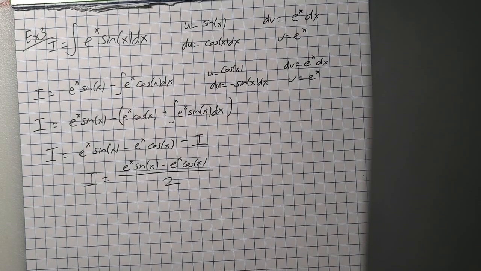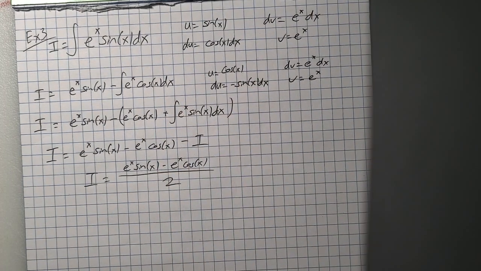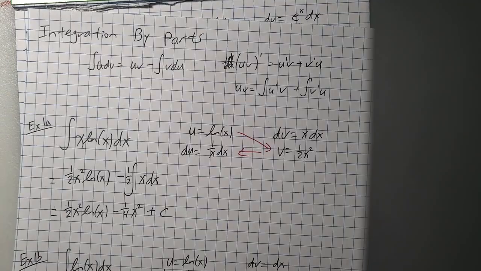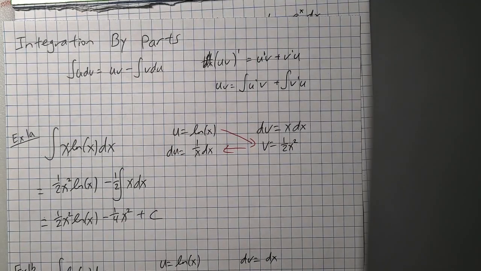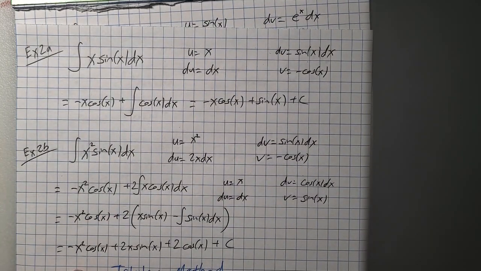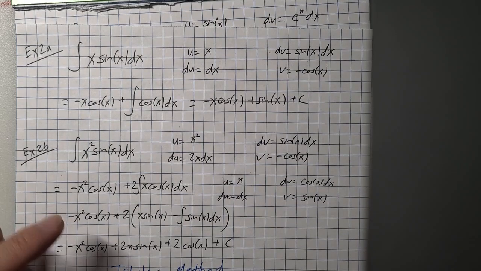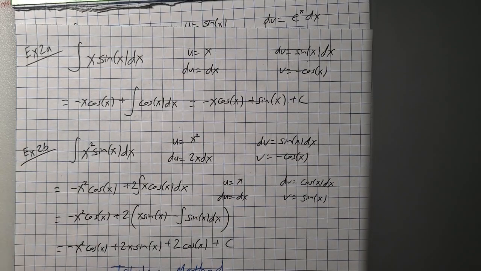Okay, so there's basically 3 categories that I showed you. One was you had to pick u, so let me just get the paper back. We picked u as something we know the derivative of, and dv as something we know the antiderivative of. The second type is when you have x with sine or cosine or e or some exponential, something with a kind of repeating derivative.